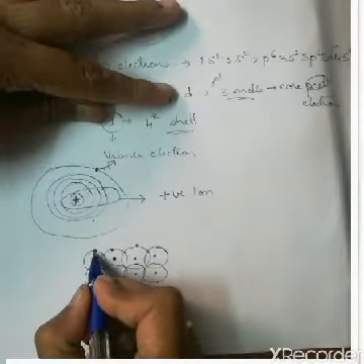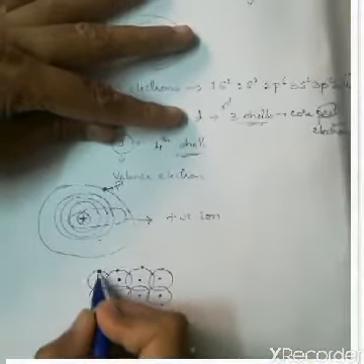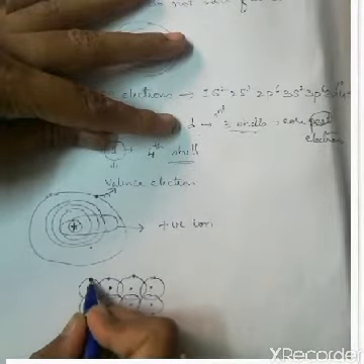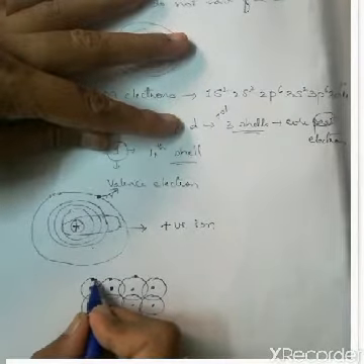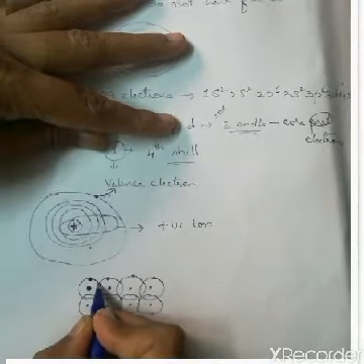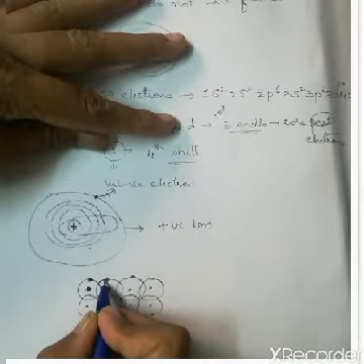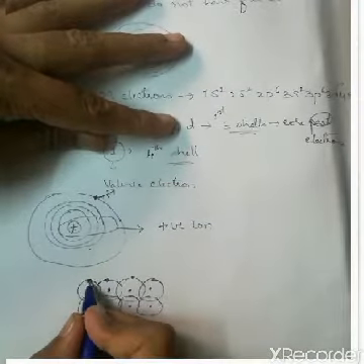Now what happens, this electron which is present here is loosely bound to the nucleus, that is it does not have much attraction between the nucleus and itself. While revolving, it moves in this direction, and there are chances that it might leave its orbit and move to this orbit. So this electron is not only present in this atom now, it can move anywhere.